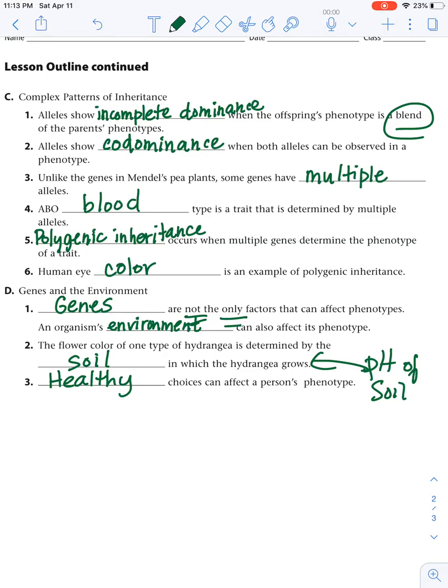You may have genes that make you more vulnerable to things like heart disease. But if you're eating heart healthy and you're exercising, that's going to decrease your risks. So there are choices you can make to actually change your phenotype.